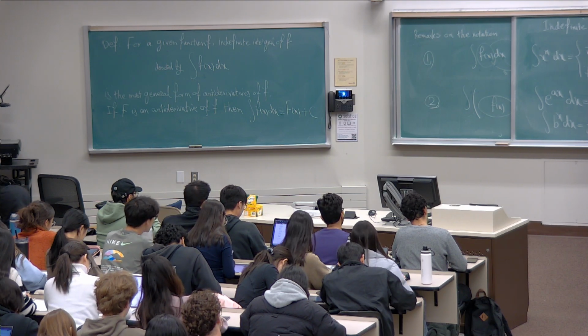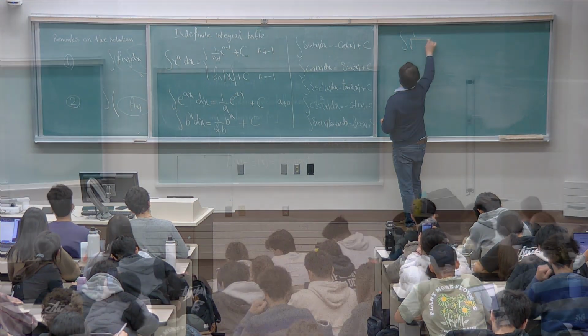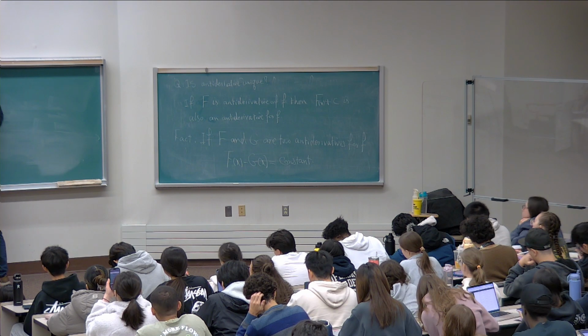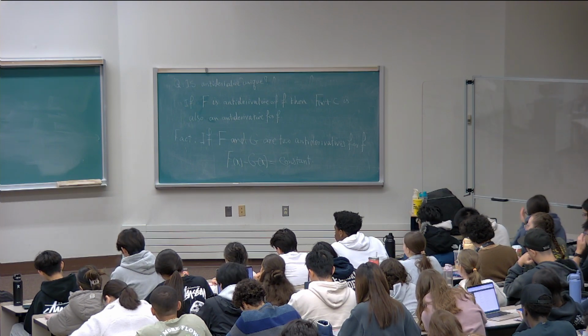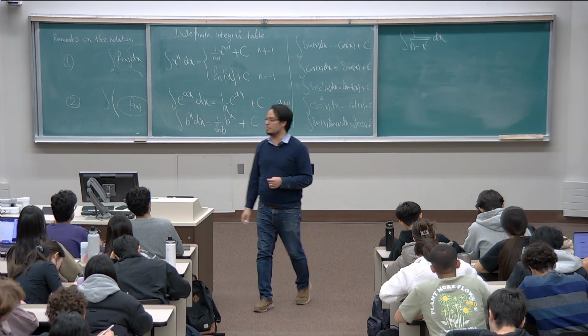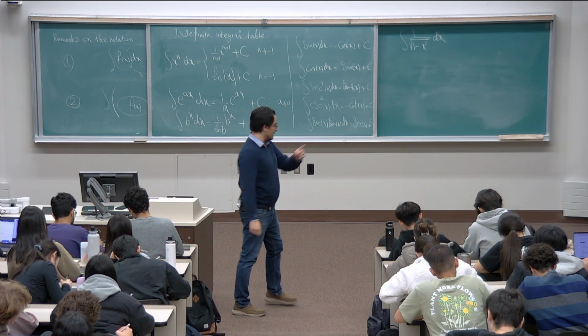Let's do this one. What is the function whose derivative is 1 over root 1 minus x squared? Sine inverse. Thank you.